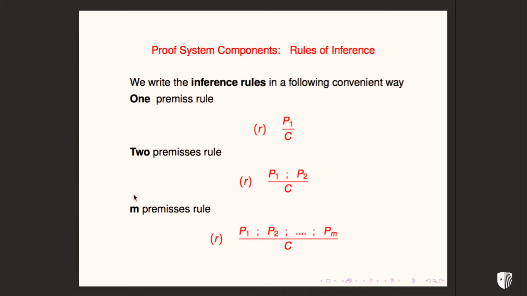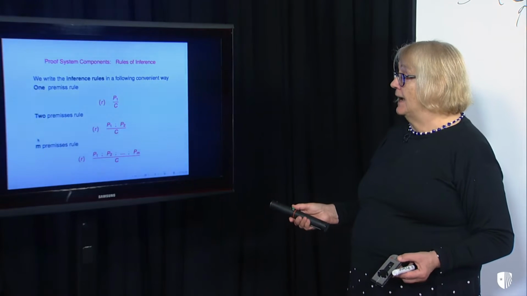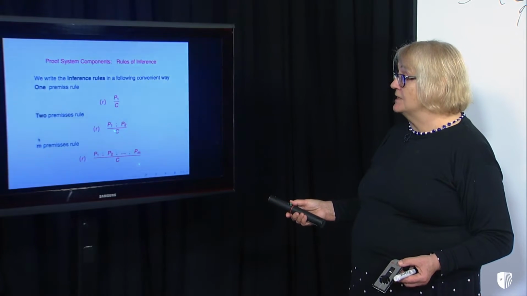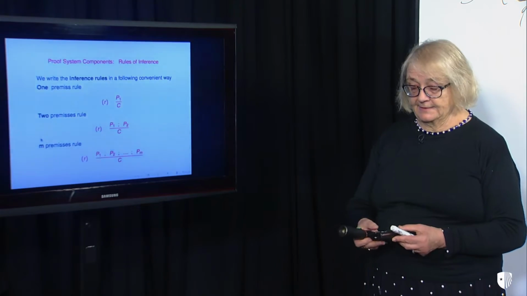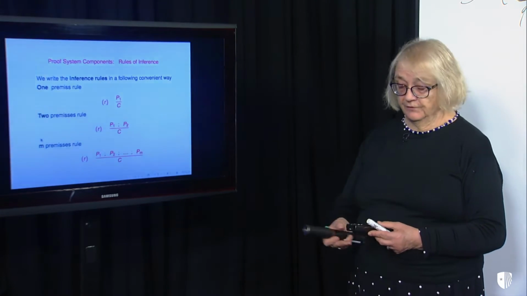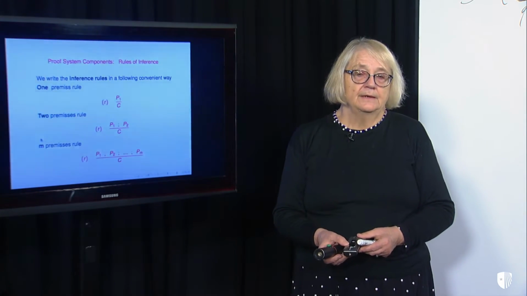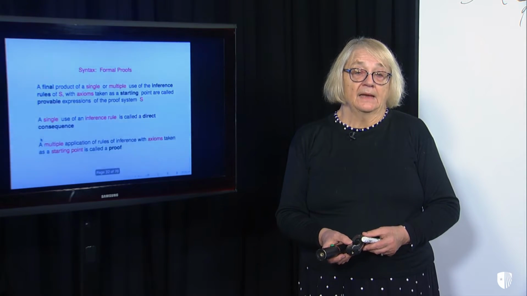But in general, rules of inference can be relations. It means for two premises, you can have different conclusions, different possibilities. And we will use that notation for rules of inference because we are used to that.